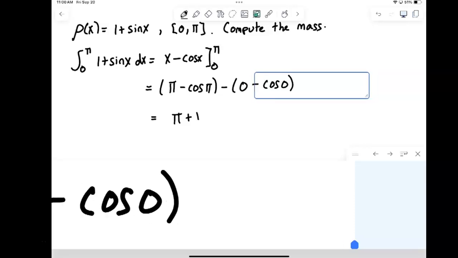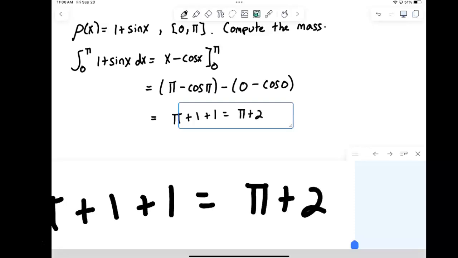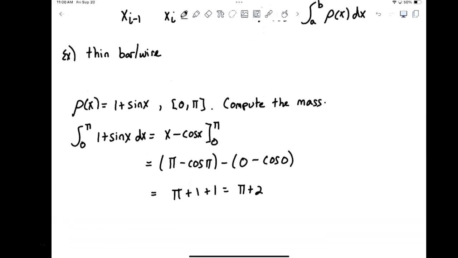Cosine of 0 is 1, so minus minus makes it plus another 1. So it turns out this thing has a mass of pi plus 2. And that's really all there is to say about these kinds of problems where you're doing density. It really is just the integral of your function.